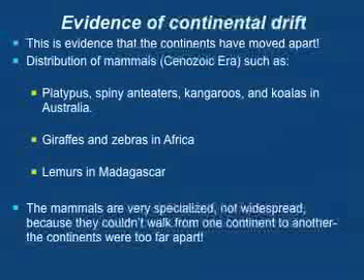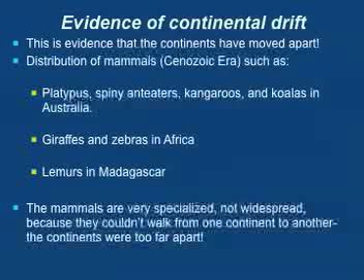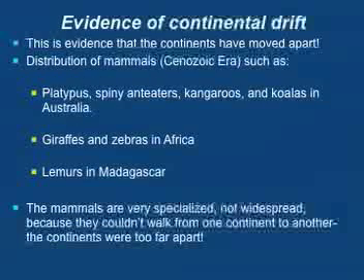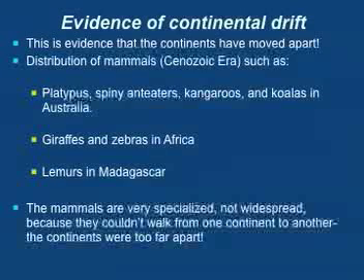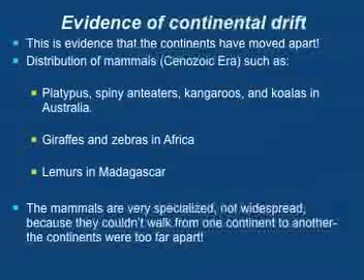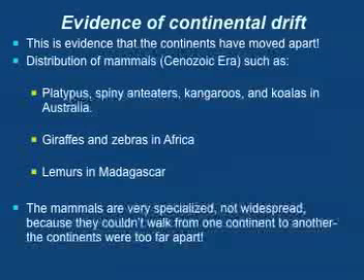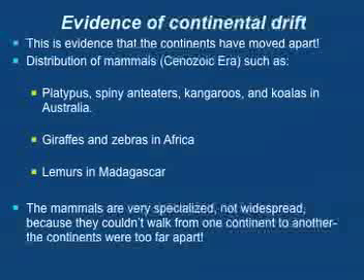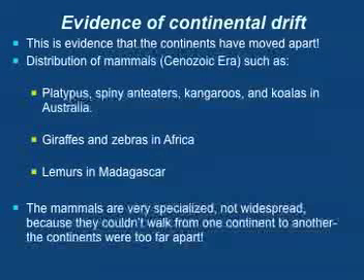And when the mammals went crazy, the continents had already started pulling apart, and in fact were very far apart. Think about it. If you want to see a kangaroo in its native place, you have to go to Australia. Australia is an island continent. And if you wanted to see giraffes and zebras where they're native, not the Sacramento Zoo, they're in Africa. Lemurs are only in Madagascar.